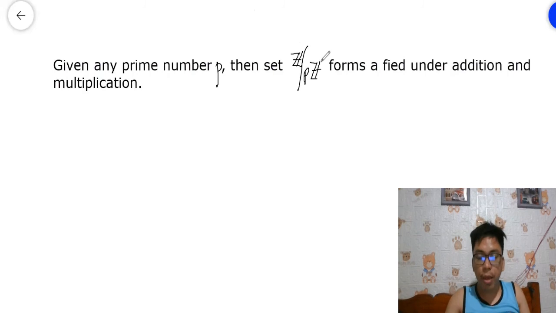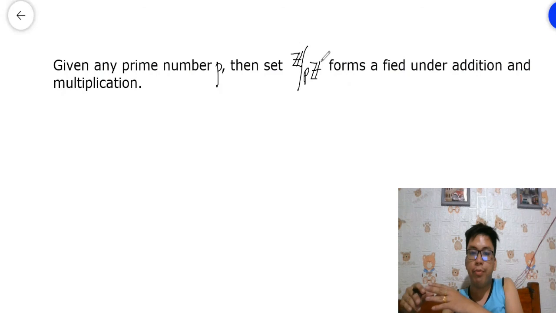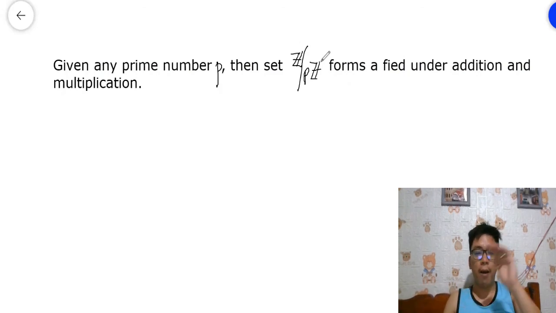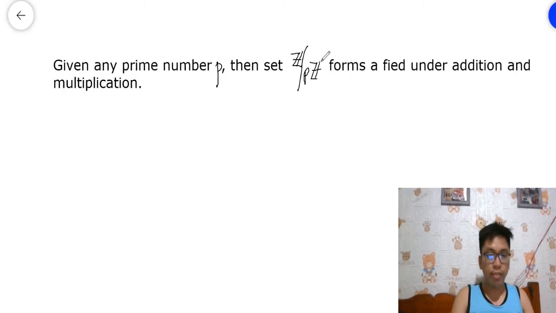Okay, so we have a claim now. We have a theorem that would actually answer our problem earlier: for which number n, an element of the integers, is Z modulo nZ a finite field. So this is now the answer.